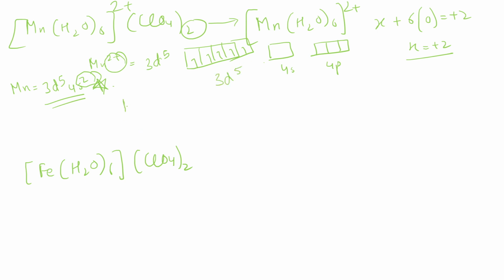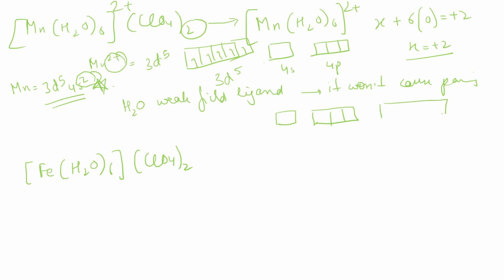Since H2O is a weak field ligand, it won't cause pairing. Rather, the ligand electrons will be filled in the outer d orbital. The 4d orbital will be filled: 4s, 4p, 4d. Okay, this 3d will remain singly filled only, 3d5.